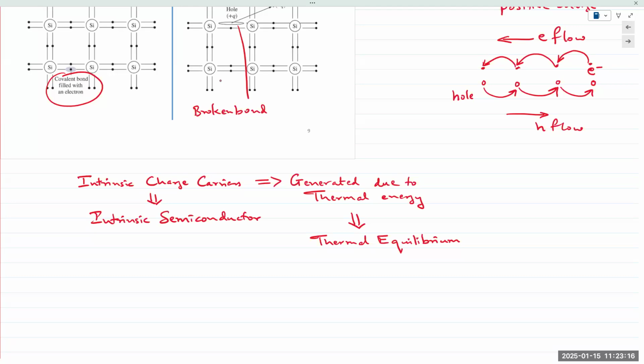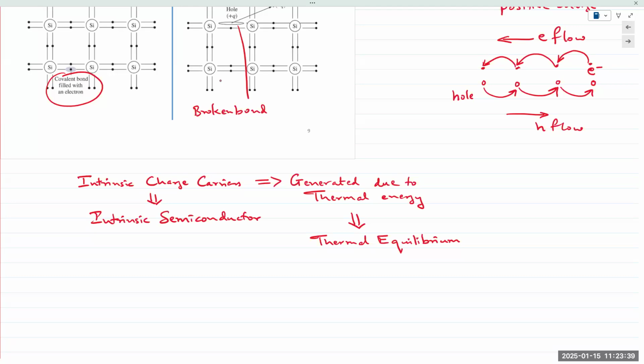Okay. So in a manner of speaking, yes. The answer would be yes. Because even if it's at, let's say, 100 Kelvin, then the number of electrons and the number of holes that are generated are exactly equal. So if you're talking about 100 Kelvin, you would say, yeah, the material is at thermal equilibrium.